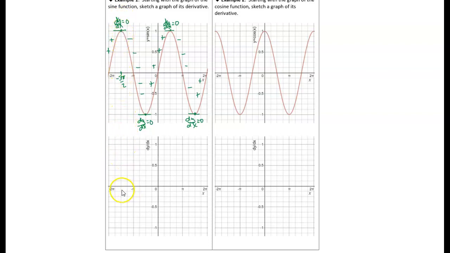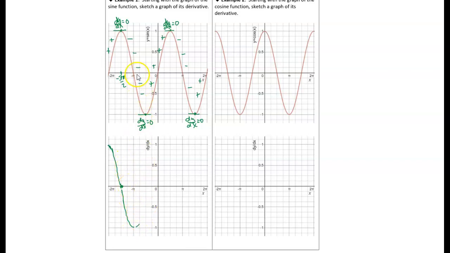So we can just drop straight down here to negative 3 pi over 2, and we know that it's going to cross the x-axis. On one side, the slope is positive, because it's an increasing function. And on the other side, the slope is negative, so it's below the x-axis, and the function itself is decreasing. Okay, so that gives you an idea of what it's going to look like.